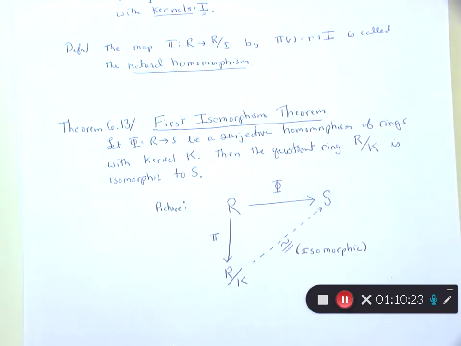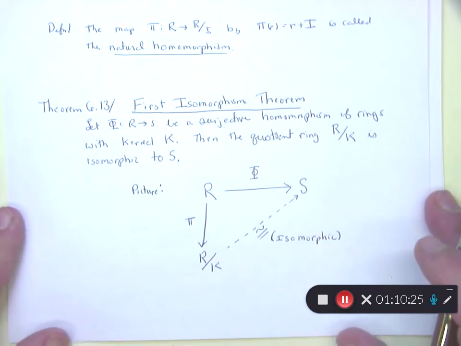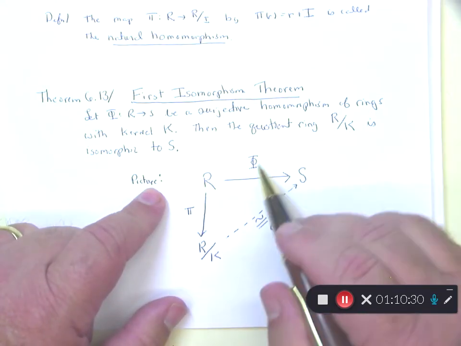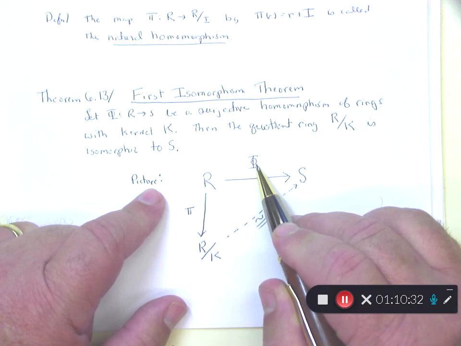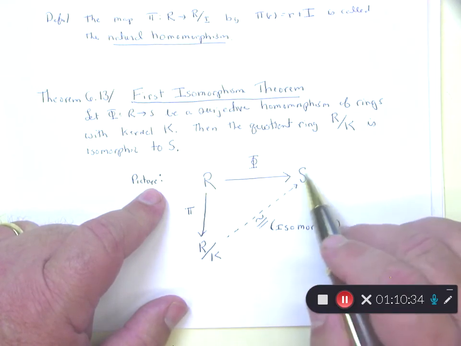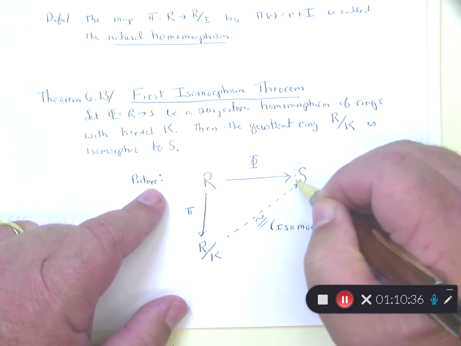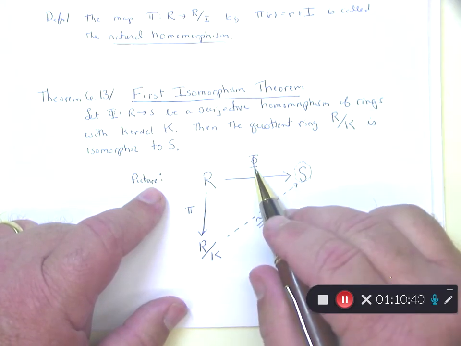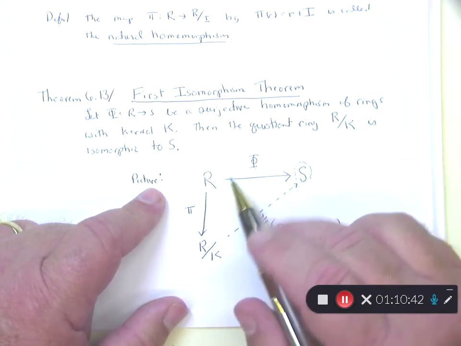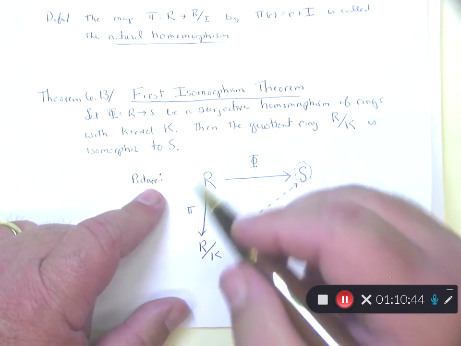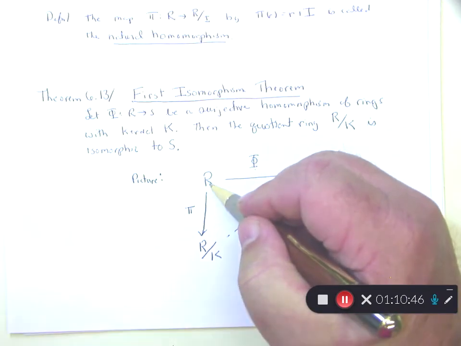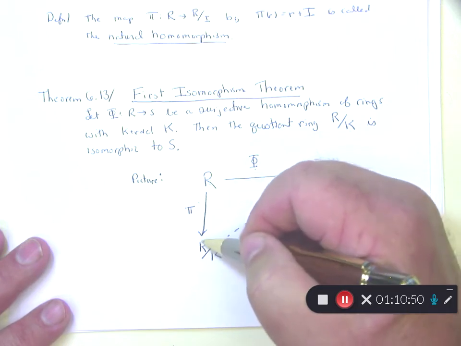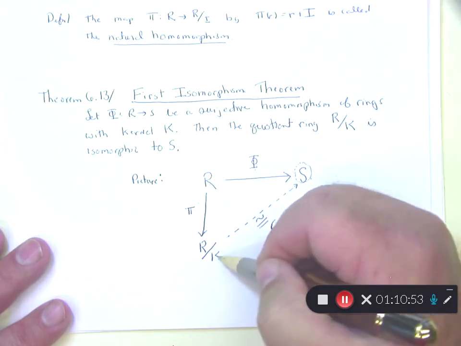So let me show you the picture. This is what they don't put in the book for you guys. So here's my picture. Phi is going to be a homomorphism. You're going from ring R to ring S. Now it's surjective, so everybody over here in S is going to get covered. So phi is a surjective ring homomorphism from ring R to ring S. The natural homomorphism, pi, takes R into R mod K, where K was the kernel of phi.